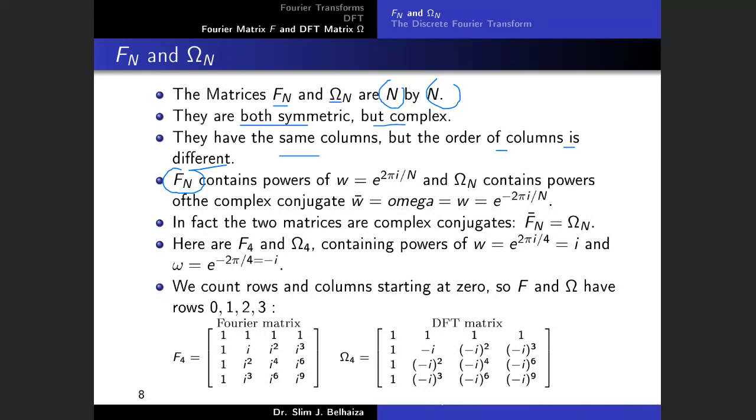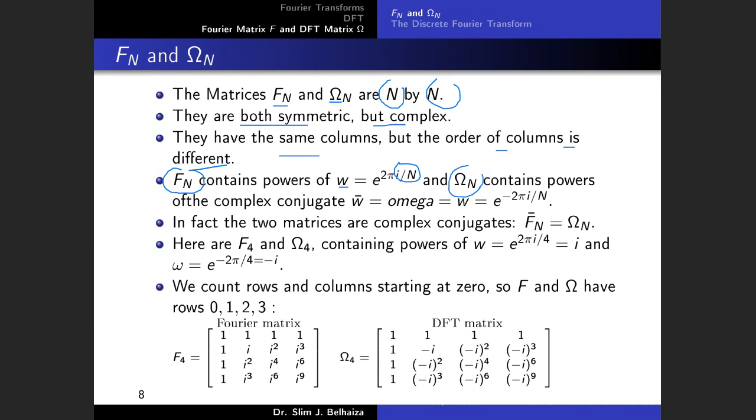In fact, what about the components of Fn? First of all, Fn contains powers of W, which is e to the power 2 pi i over n. Remember, this is the kind of discretization where x is substituted by 1 over n.